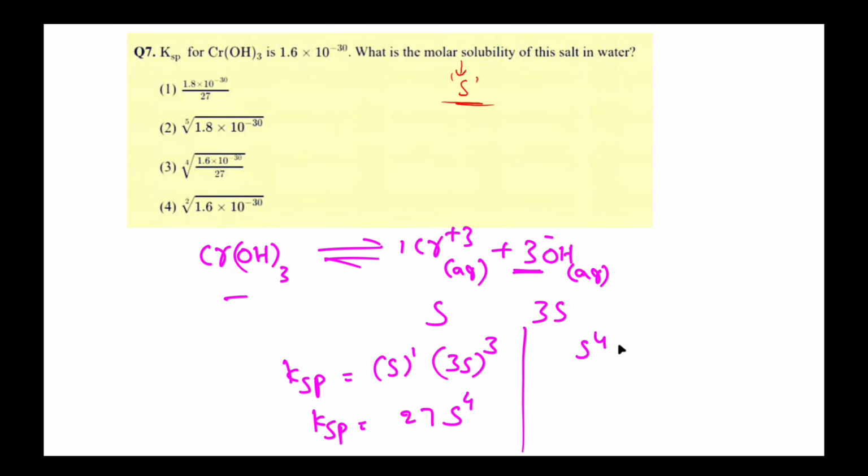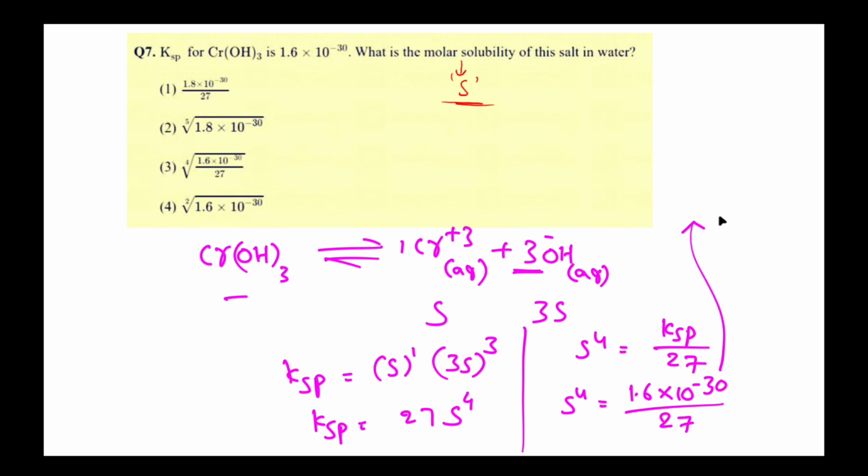So S power 4 is equal to KSP by 27, that is 1.6 into 10 power minus 30 by 27.